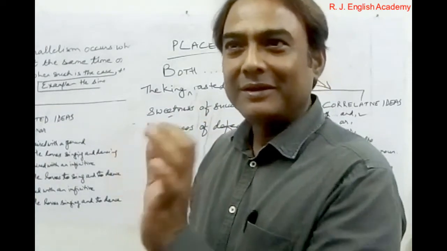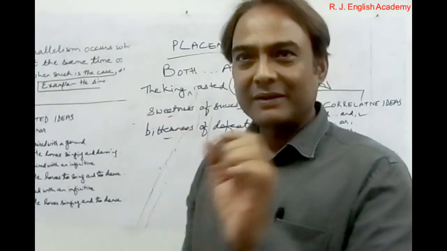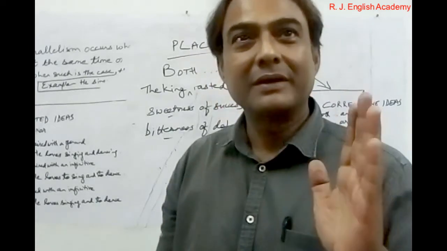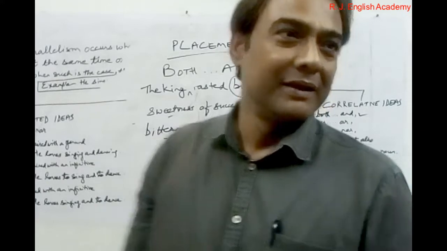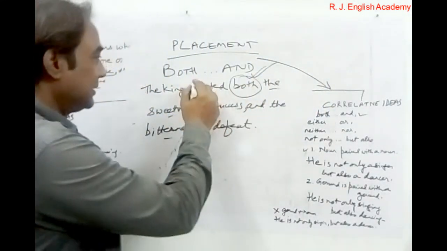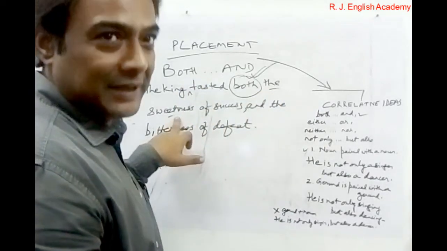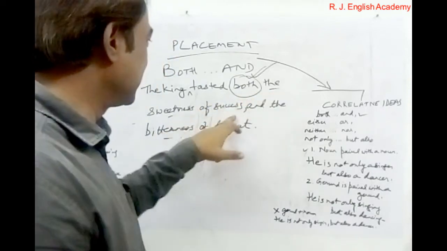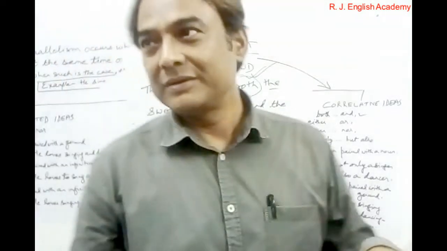The event. There's no gap in the event. But there's a gap in a consonant. The king. So what is here? The king tasted the sweetness. The king tasted both the sweetness of success and the bitterness of defeat.